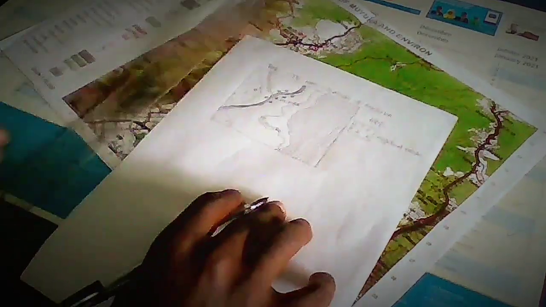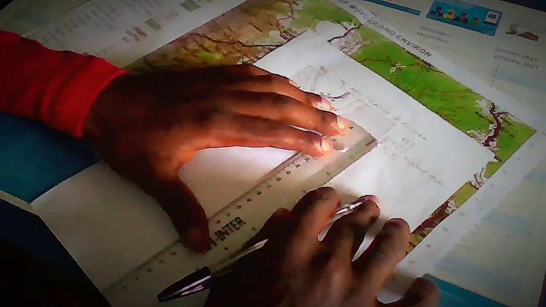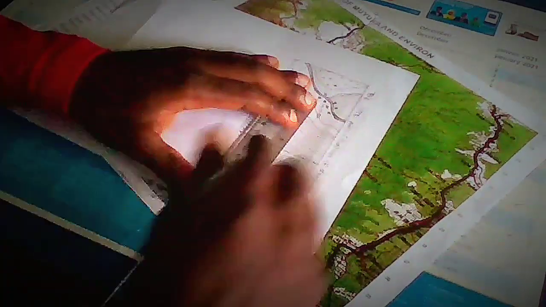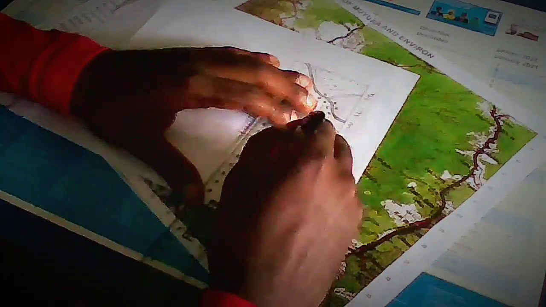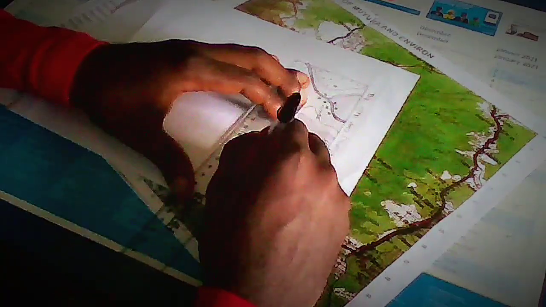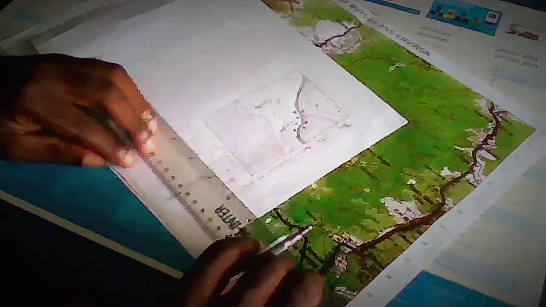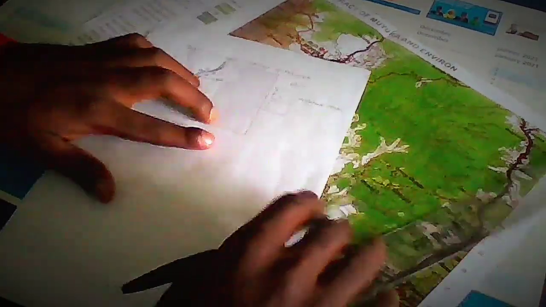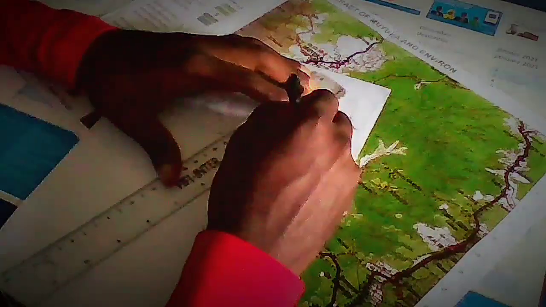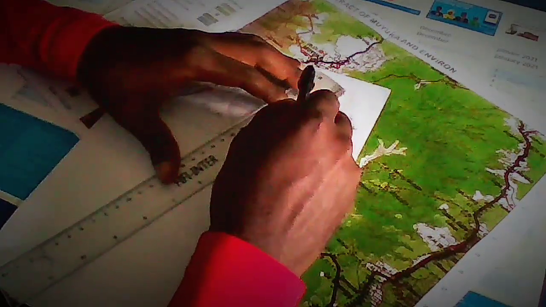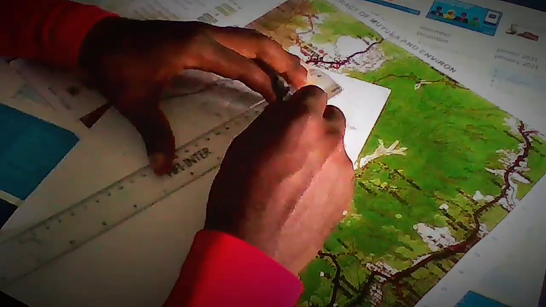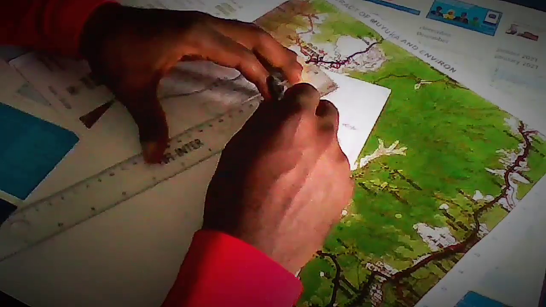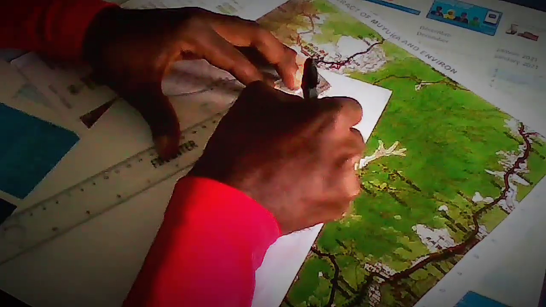Remember, we say we have to identify both physical and human features. So I'm going to share this one too. This is a lowland region.